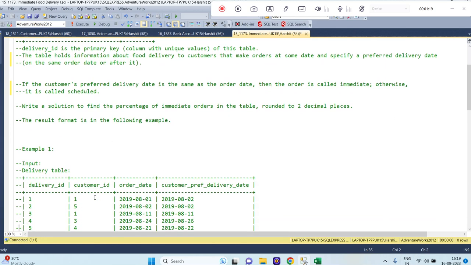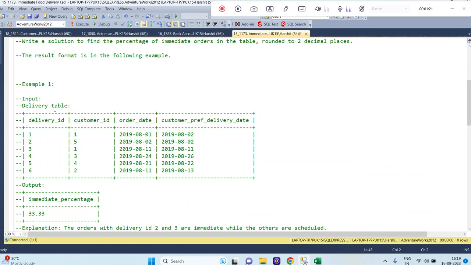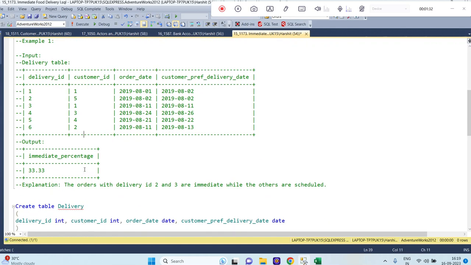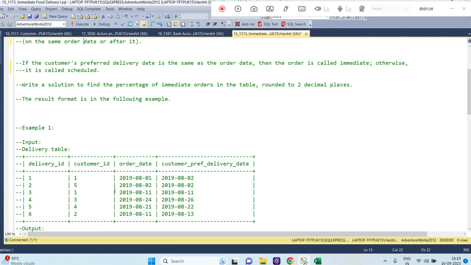So here they have given us the delivery table, with the columns delivery ID, customer ID, order date, and customer preferred delivery date. Here we need to identify the orders whose order date and customer preferred delivery date are both the same. If you see over here, for delivery ID 2, order date and customer preferred delivery date are both the same, right?